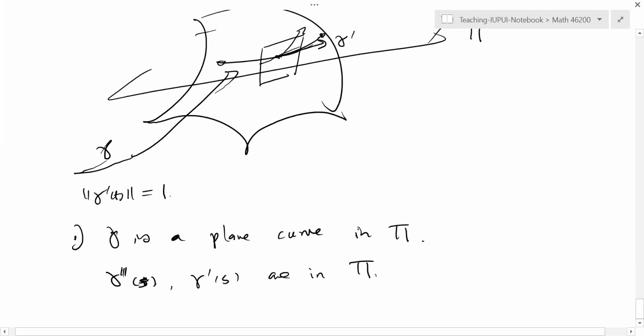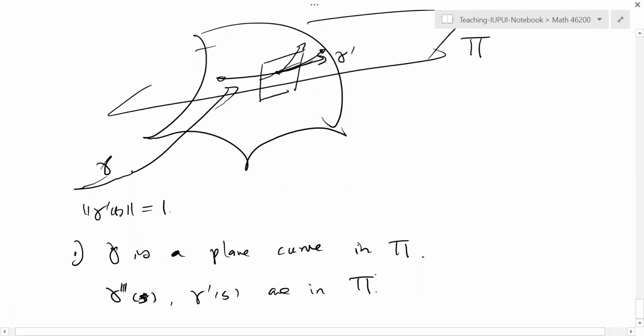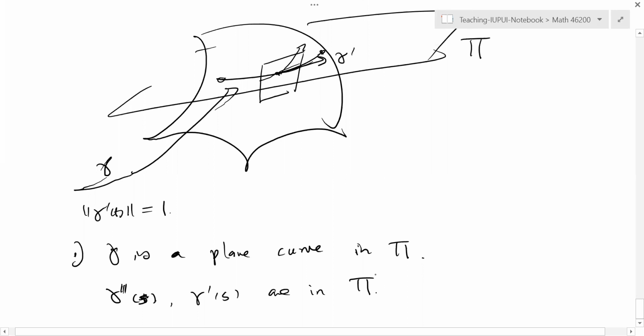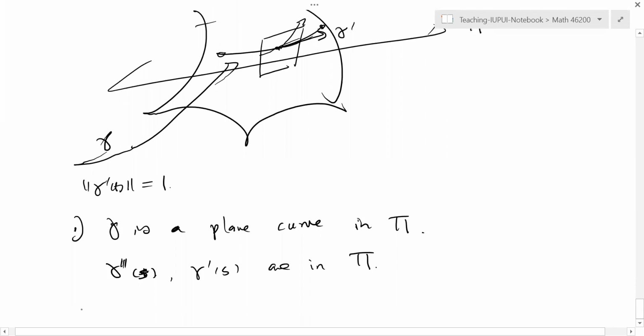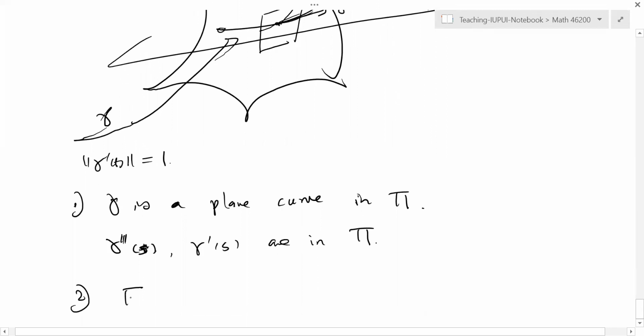Now, by assumption, pi is perpendicular to the tangent plane. What does that mean? The normal vector to pi should be perpendicular to the normal vector of the tangent plane. We know this is perpendicular to the tangent plane at this particular point.